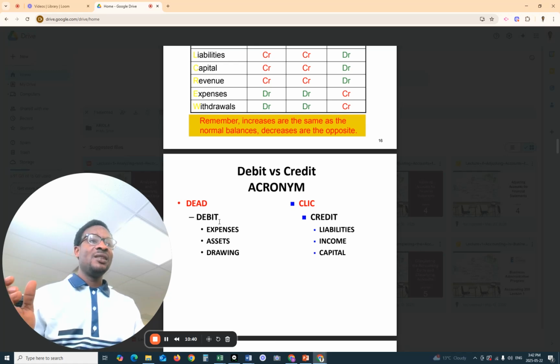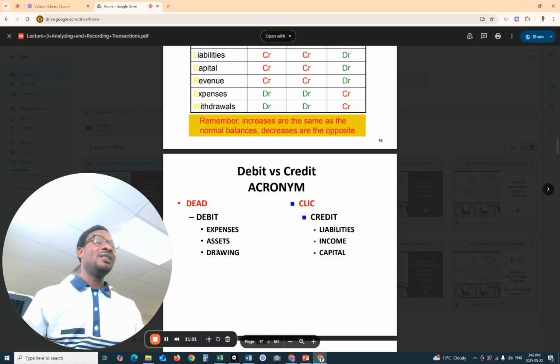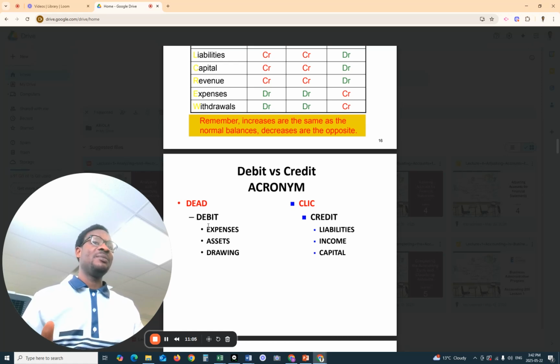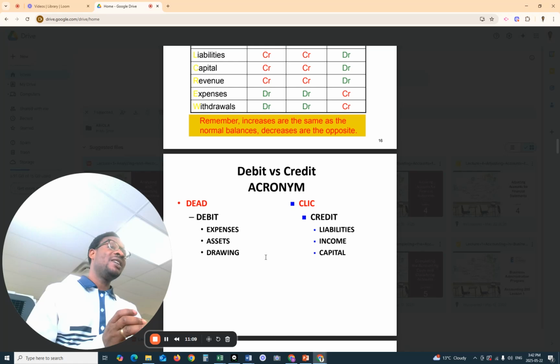D is drawings in the debit side, E is expenses in the debit side, A is asset in the debit side. Then LER, that's DEALER.